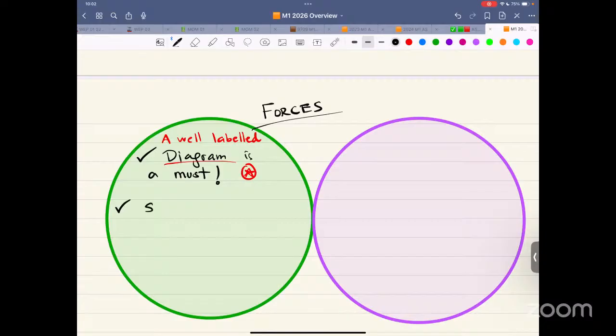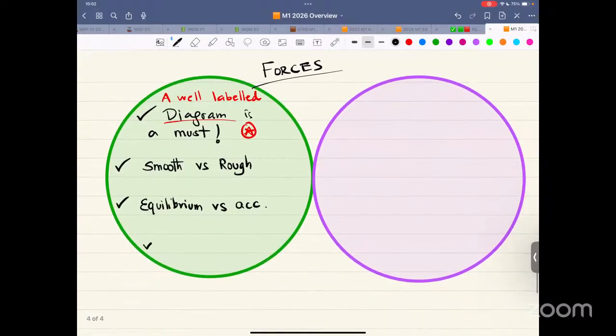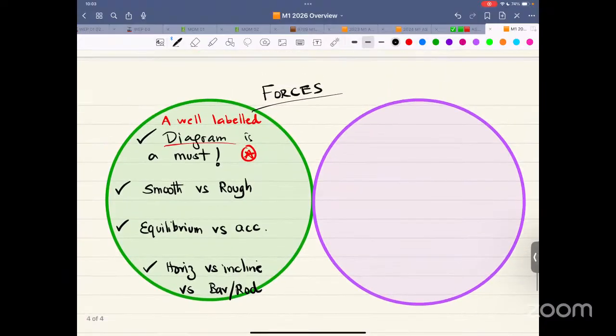Second thing, what is it about smooth versus rough? Is it about equilibrium versus acceleration? Is it about horizontal surface versus incline? Sometimes it's also about a bar or a rod. We have seen questions like that.